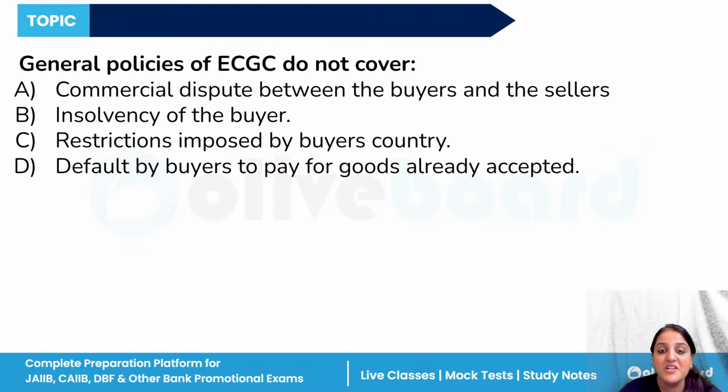However, commercial disputes which may arise from disagreements over contract terms and over the quality of goods are generally not covered under ECGC policies. So commercial disputes are not covered by ECGC's policy. Option A is correct here.